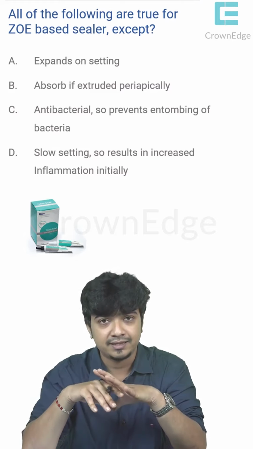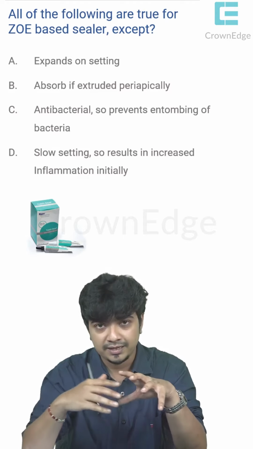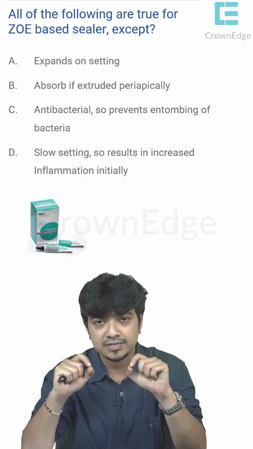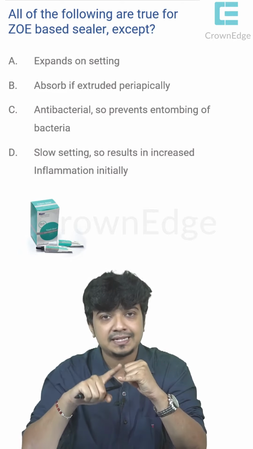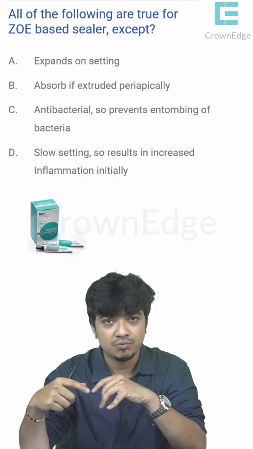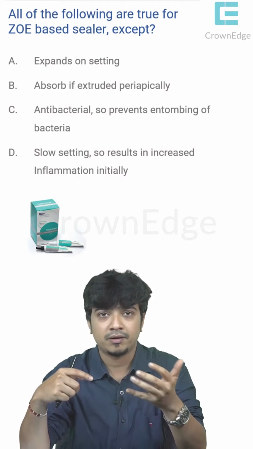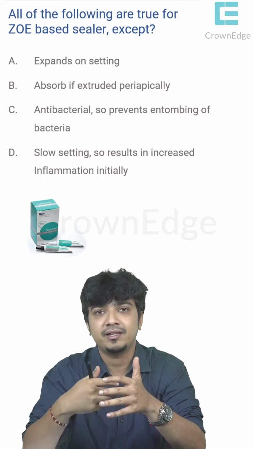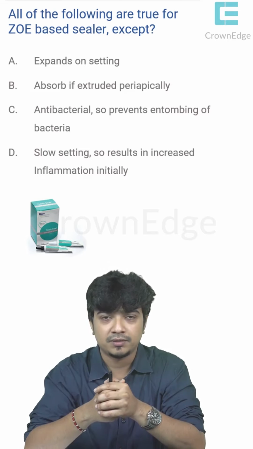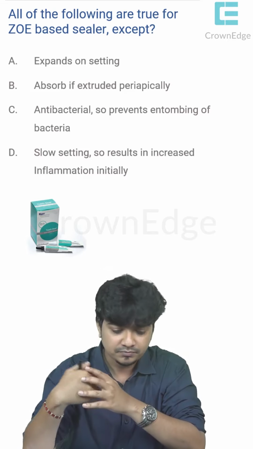However, in the past, zinc oxide eugenol based sealers have been very successful. Even to date, the pulp canal sealer by Kerr with extended working time, or your Tubli-Seal pulp canal sealer, all these have been very successful for good obturations to be done.